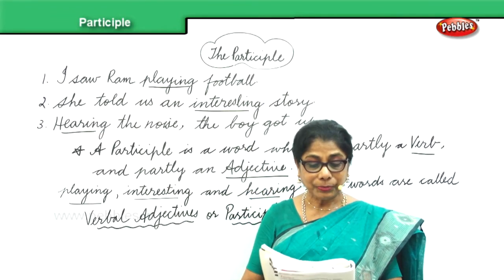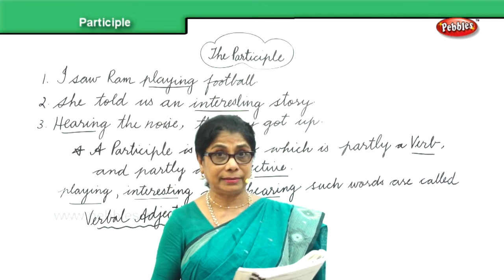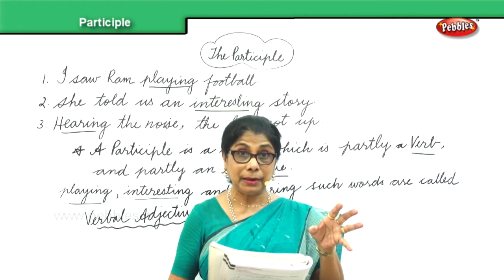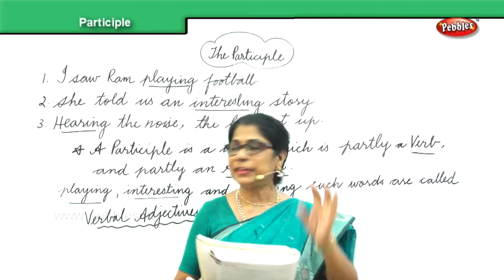Okay. Now, in the participle, we have three categories: present participle, past participle, and perfect participle.